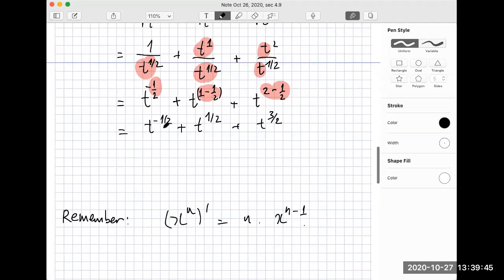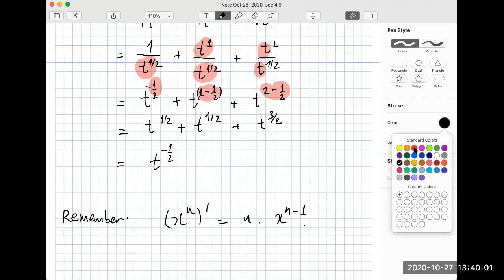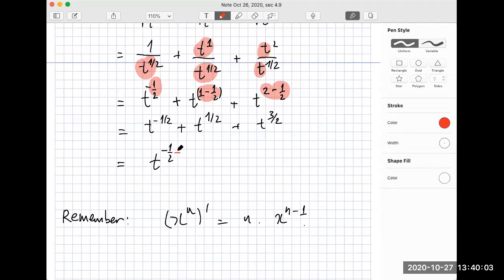Therefore, if we have t here, then the antiderivative of this is t to the this power, negative 1/2, but then it has 1 degree higher, right?